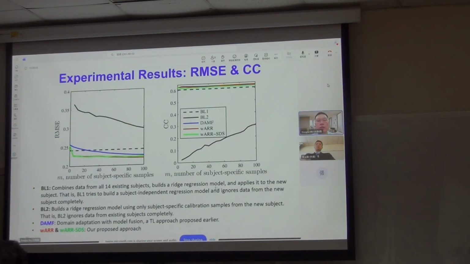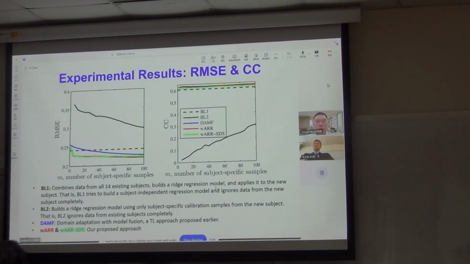Because we have 16 subjects, each time we use the 15 other subjects as the source subjects to have the calibration for the new subject. Due to large individual differences, the responses of certain subjects may be dramatically different from others. So source domain selection is used to remove these dramatically different subjects.